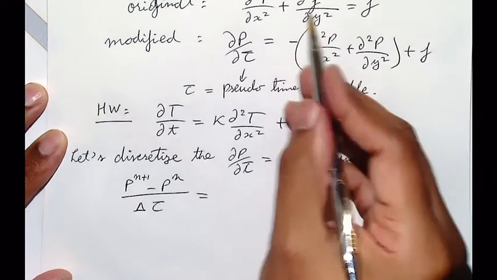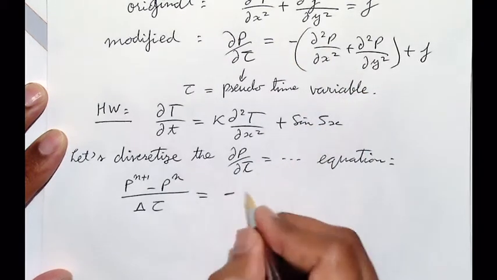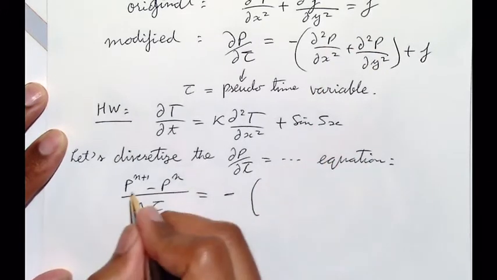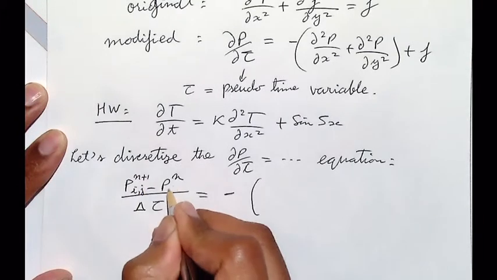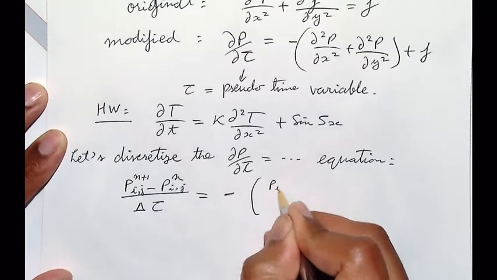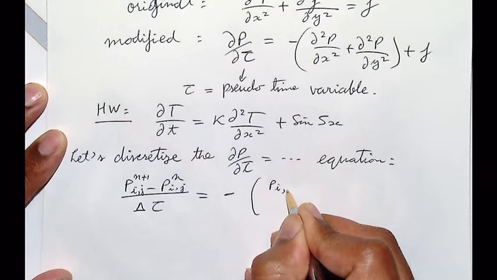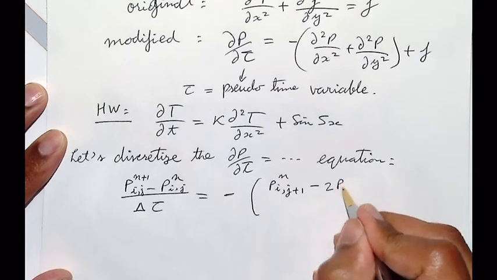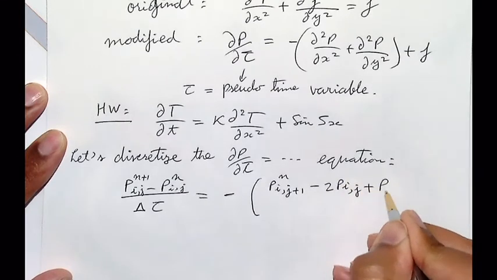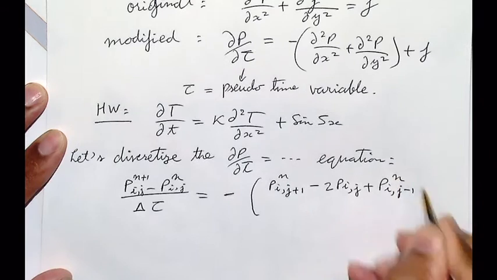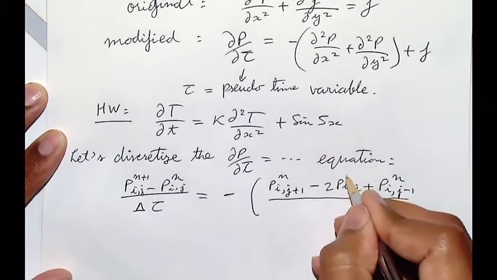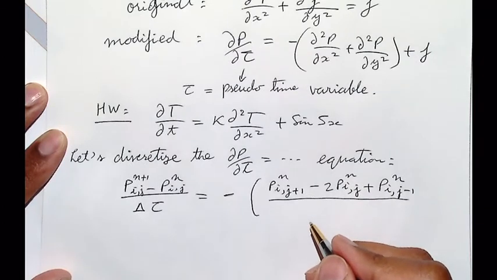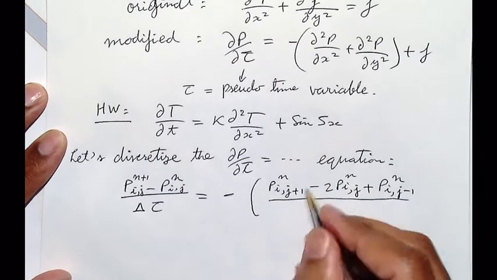Okay, let's see. So there's no kappa here. We have a minus. Pi, j plus 1 at n, minus 2 Pi,j plus Pi, j minus 1, all at n and by del y square. So for me, j goes in y.